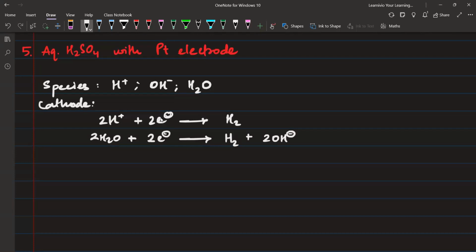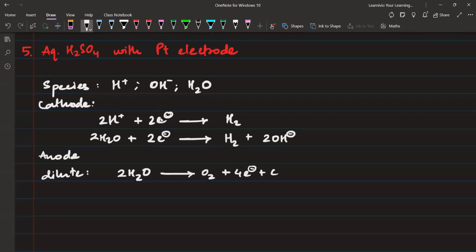At the anode, however, there are two different cases. If you take dilute H2SO4, then water will be present in more amount, and this reaction will occur: water getting converted to O2 plus 4 electrons plus 4H positive.